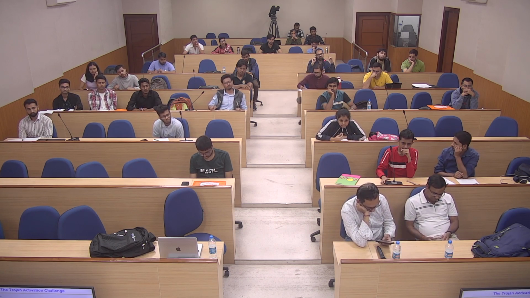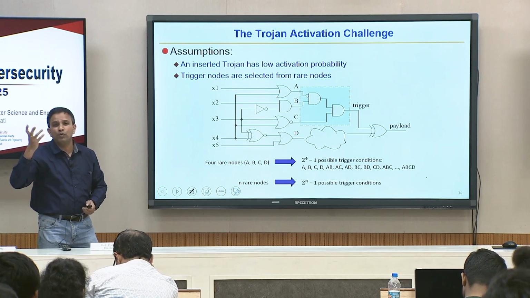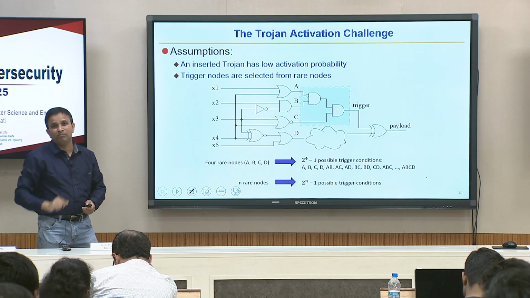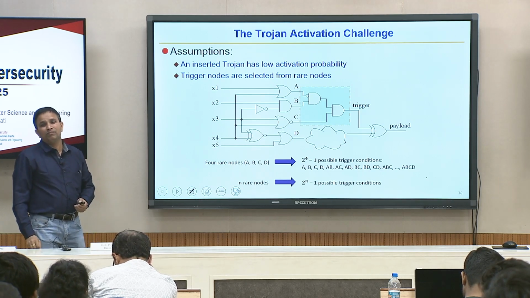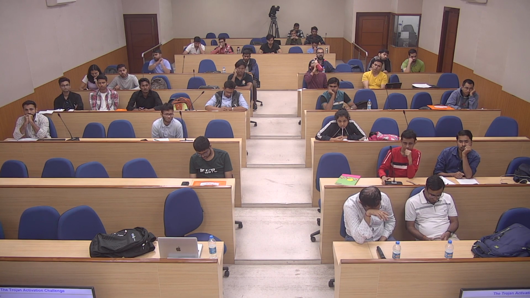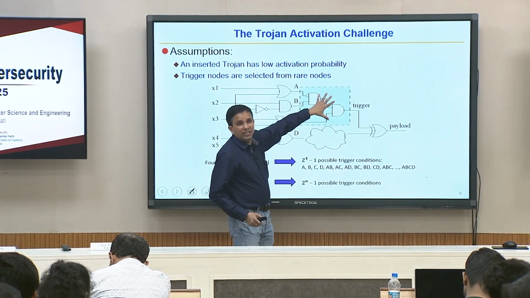If you are a defender trying to generate the test, you do not know which one the attacker used. So, you have to consider all these scenarios and generate one test for each of them. In this example, this trigger has 3 rare inputs, but you do not know the attacker actually created this.